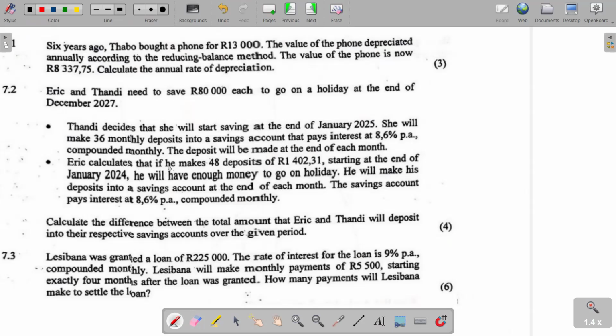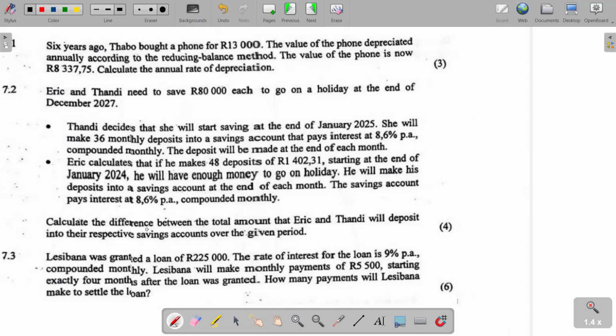Eric calculates that if he makes 40 deposits of 1,402.31 starting at the end of January 24, he will have enough money to go on holiday. He will make these deposits into a savings account at the end of each month. The savings account pays interest at 8.6% per annum compounded monthly.